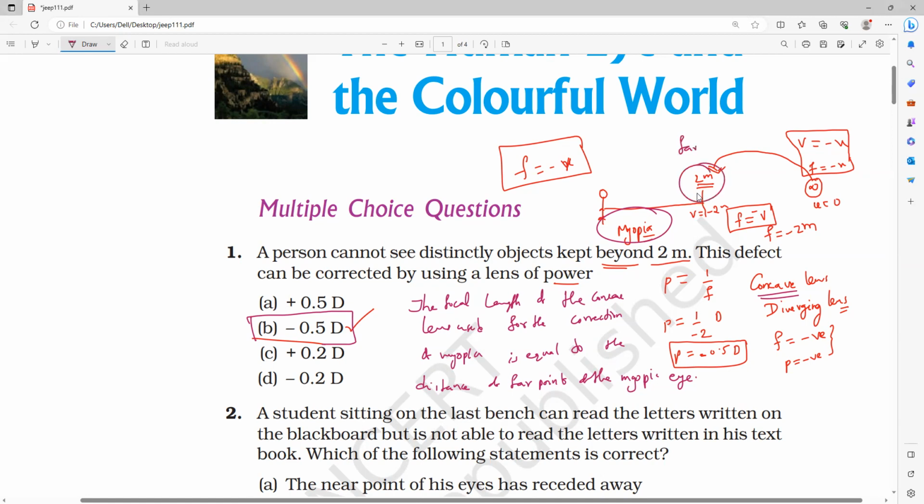It is 2 meters. And for a normal eye, what is the far point? It is infinity. That is what you have to remember. Always remember myopia means concave lens, diverging lens, focal length is negative, power is negative.